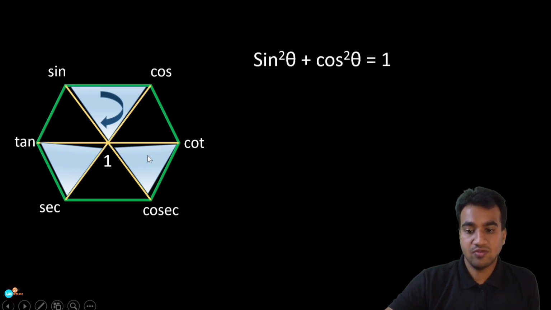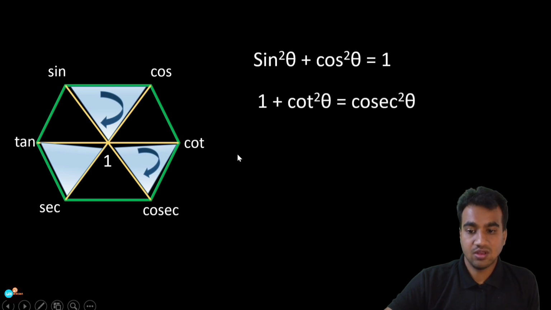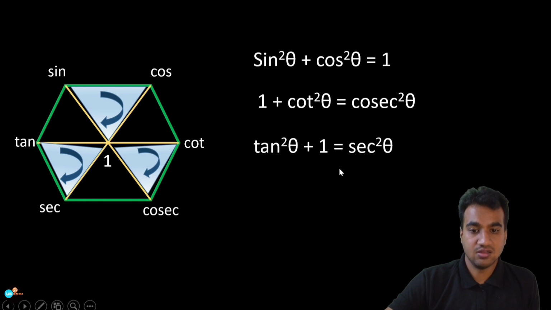And next one, from this triangle 1 square plus cot square is equal to cosec square. See, and next one from this triangle tan square theta plus 1 is equal to sec square theta. See, these are important identities of trigonometry, everyone must know it.